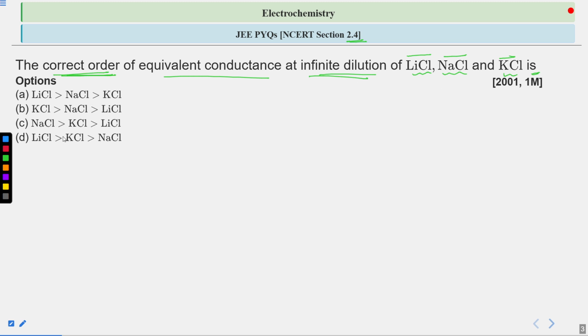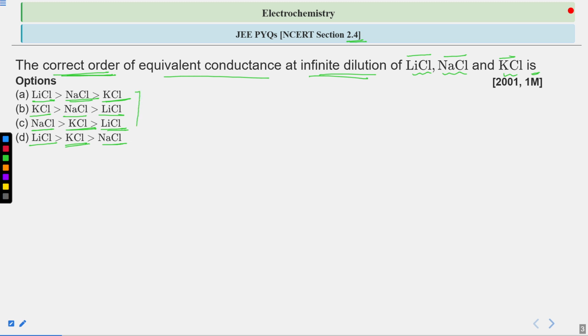And you have been given four options. The options are: LiCl has the highest equivalent conductance, then NaCl, and then potassium chloride; or potassium chloride has the highest equivalent conductance, then sodium chloride, then LiCl; or sodium chloride has the highest equivalent conductance, then potassium chloride, then LiCl; or LiCl has the highest equivalent conductance, then KCl, and then NaCl.